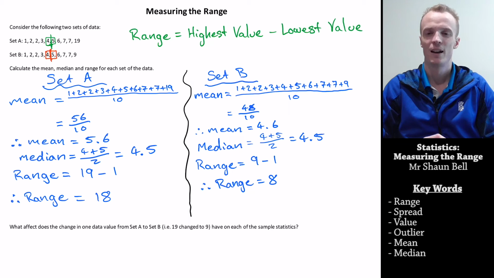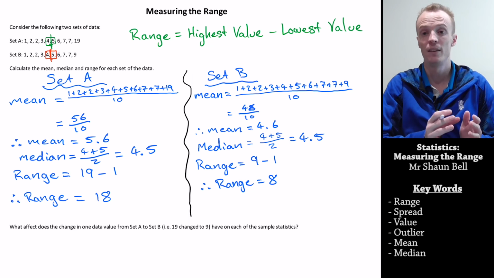So when we're analysing data, it's important to analyse the numbers themselves and to see if we can find any outliers that might exist. Now, an outlier is a data point that just seems a little bit odd compared to the rest. In this case, the odd data point, or the outlier, is from set A, that 19. It is much larger than anything else, so we would refer to this point as an outlier.